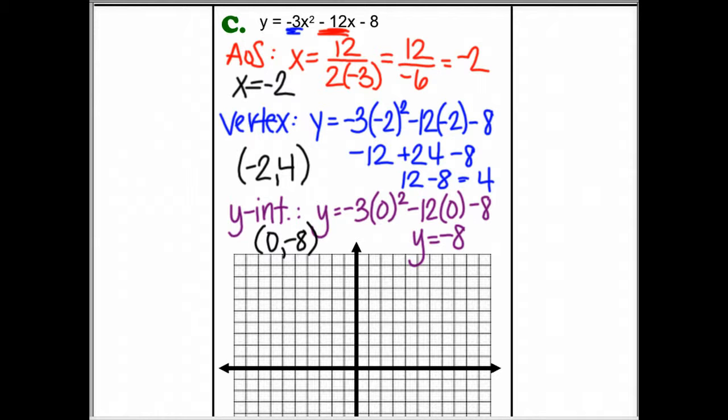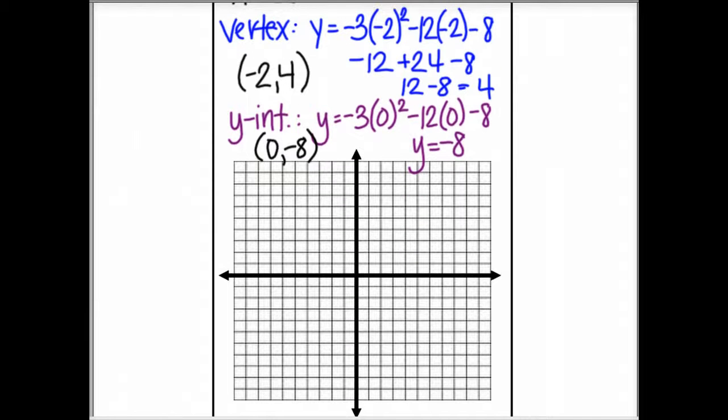So now I'll go ahead putting my axis of symmetry at x equals -2. Then I have a vertex at -2, 4, and a y-intercept at 0, -8.